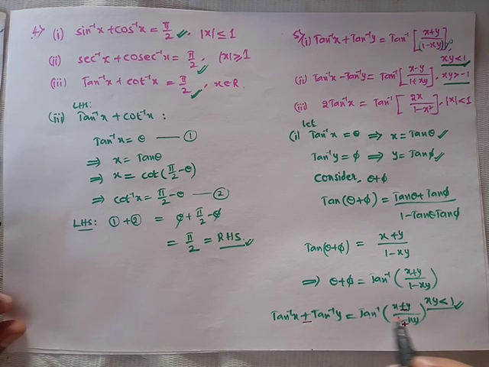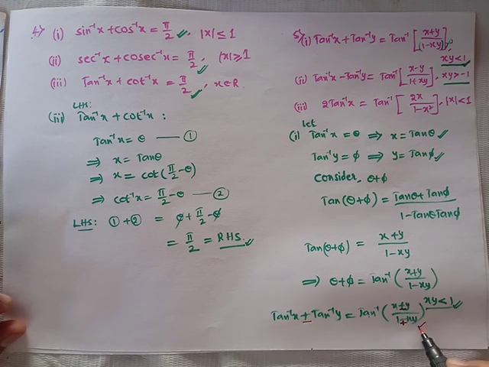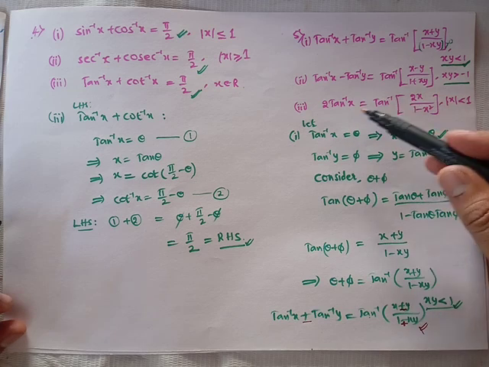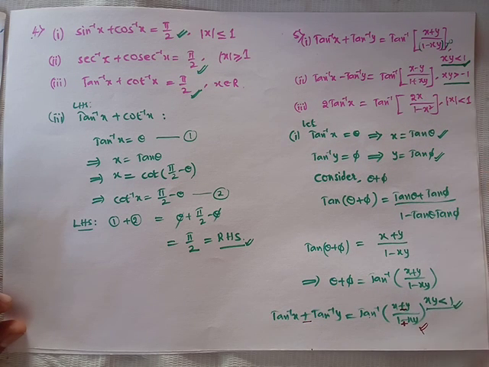So I'm writing both the formulas in a single line. And the last one, 2 tan inverse x is equal to tan inverse of 2x by 1 minus x square, where mod x is less than 1.